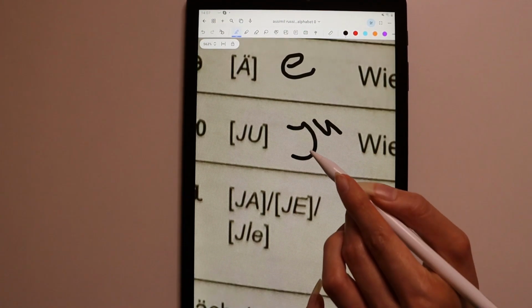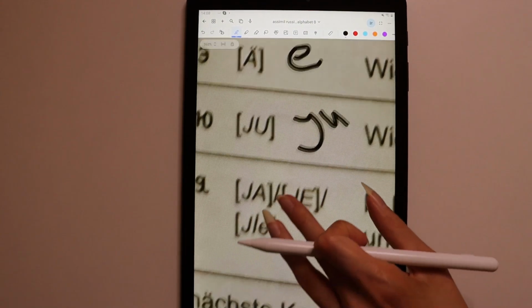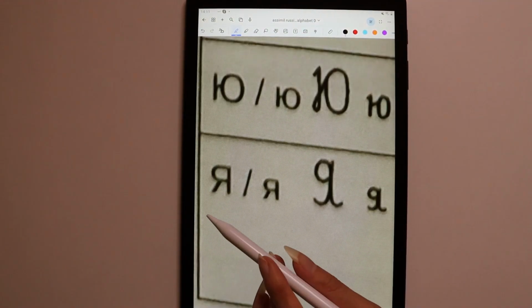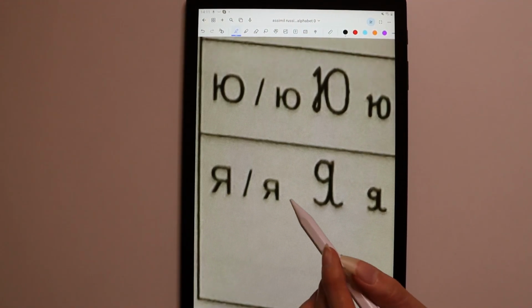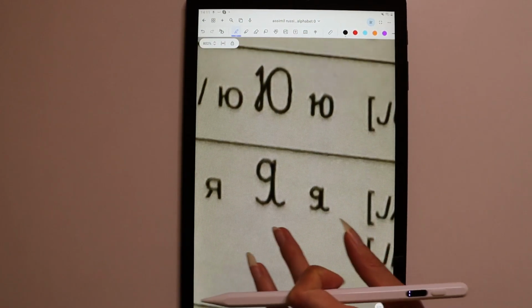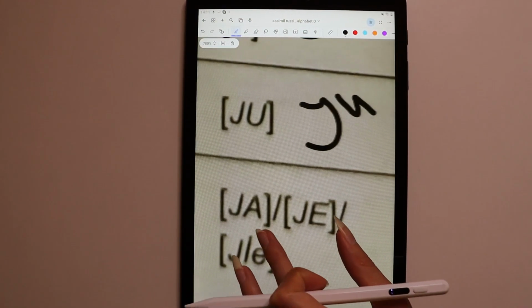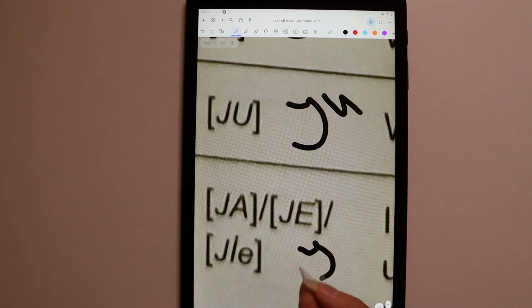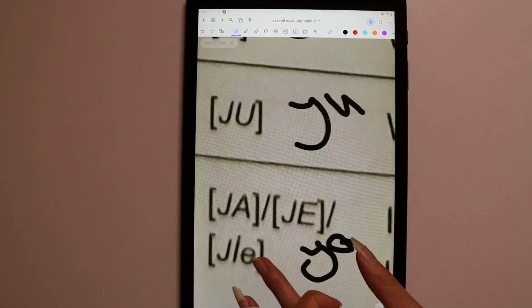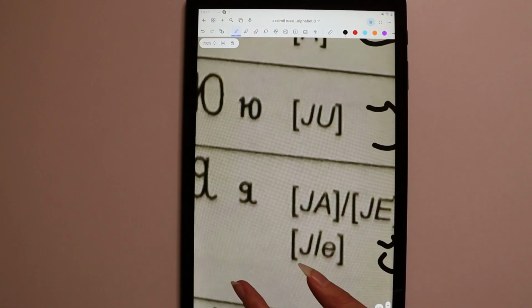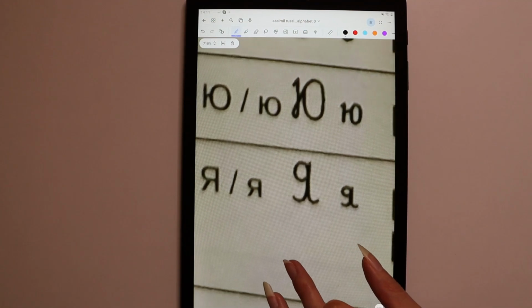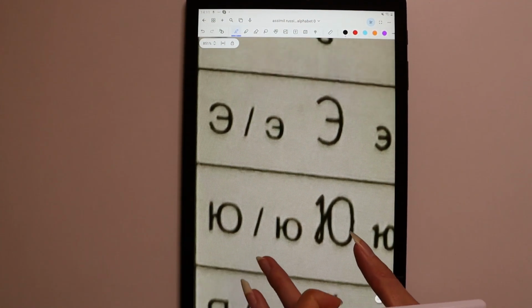Yeah, as in university. So now we have the last letter, the ya. And the ya is like in yard as an example, ya.